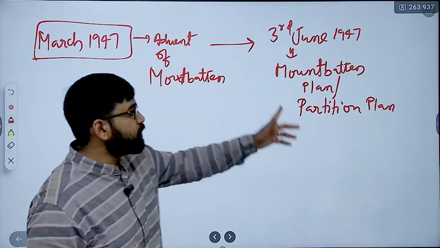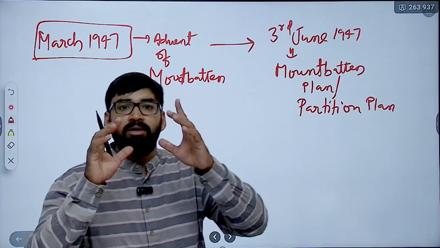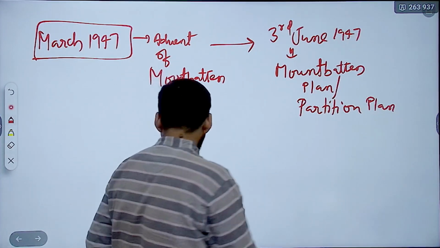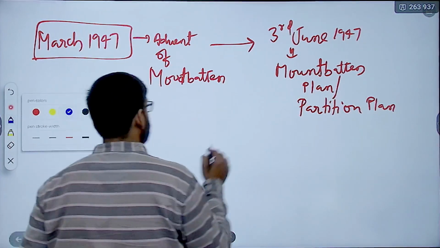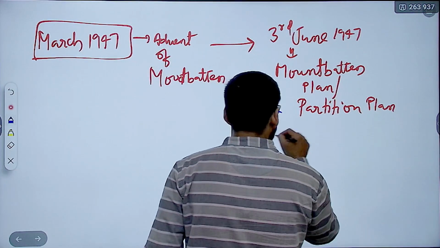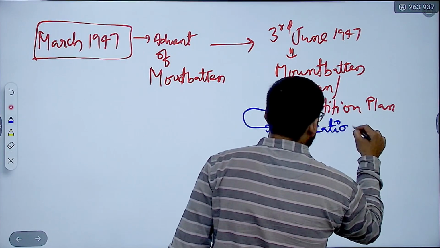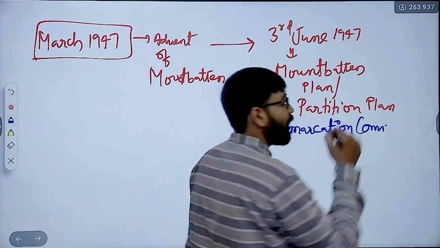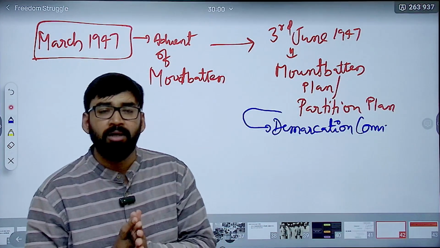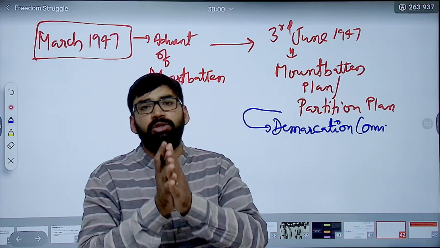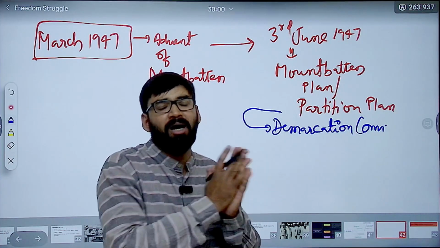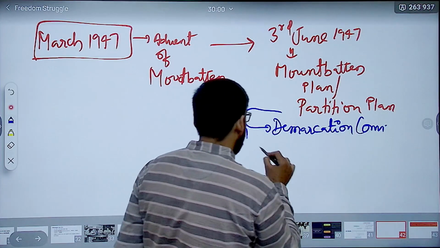First, this plan provided for the demarcation committees. Now what was the first provision in this? Boundary demarcation committees will be there. So demarcation committees should be set up for India as well as Pakistan. Then plebiscite.